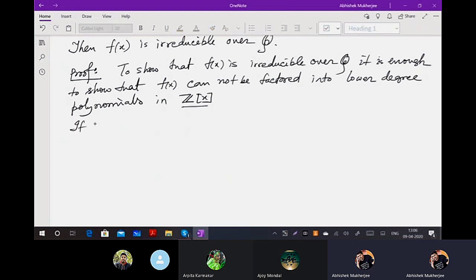If possible, let us suppose that f(x) can be factored into two lower degree polynomials.